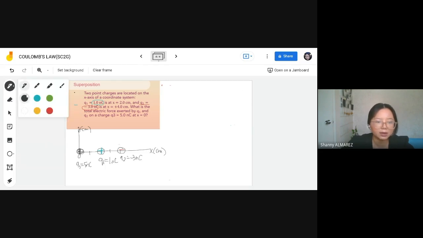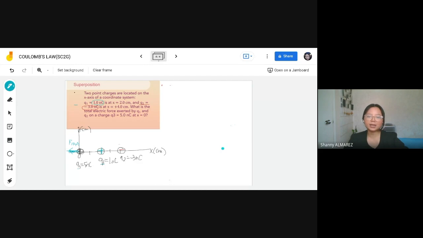Anong effect nito, Q1 kay Q3? Repulsive. Correct. So, ina-analyze natin yung nagiging effect ni Q1 and Q2 kay Q3. Yun yung problem dito. Okay? So, kung repulsive siya, therefore, papunta nga sa left. Ayan. So, F1 on 3 is towards left.